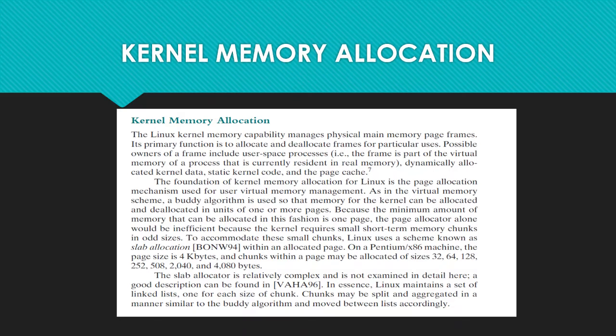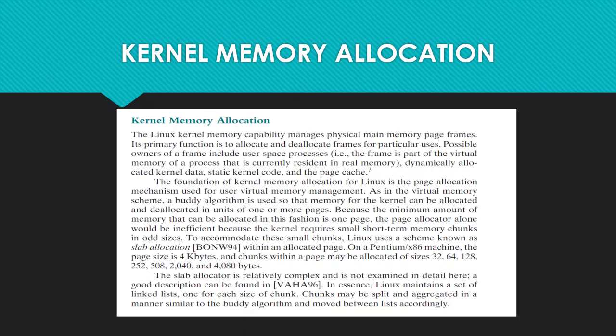The foundation of kernel memory allocation for Linux is the page allocation mechanism used for user virtual memory management. As in the virtual memory scheme, a buddy algorithm is used so that memory for the kernel can be allocated and deallocated in units of one or more pages.